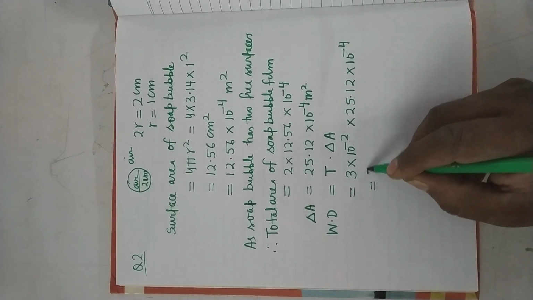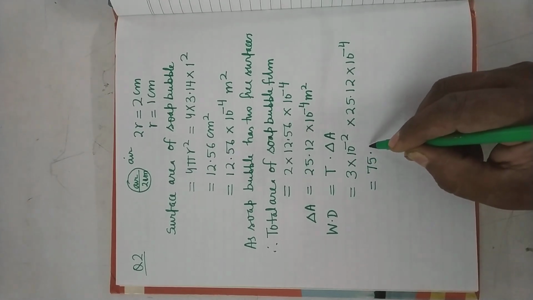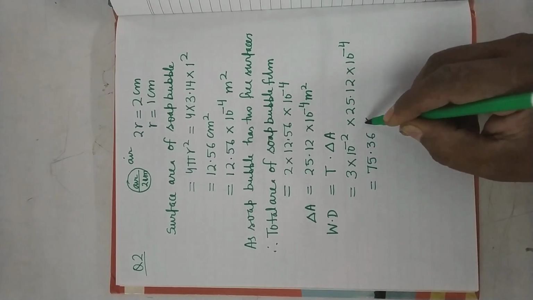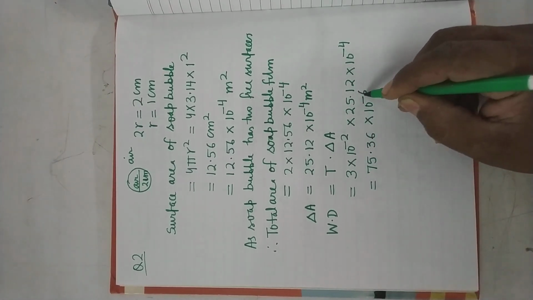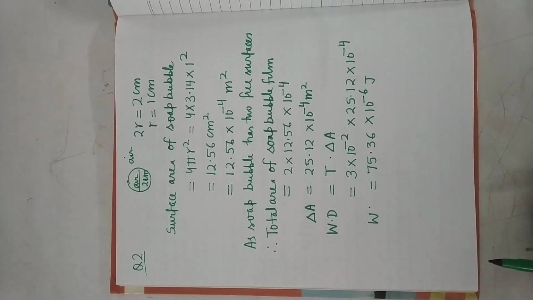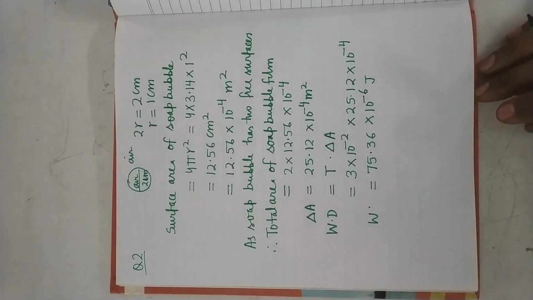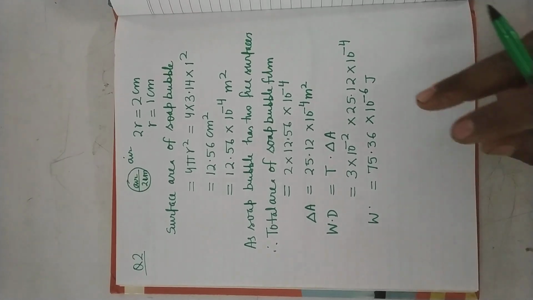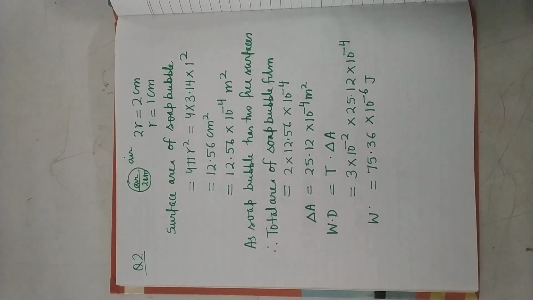So it will be 75.36 into 10 to the power minus 6 joule. This work will be done. It is clear. Now if it is asked what is the potential energy of the molecules of the soap bubble, it will be equal to this. Now you see question number 3.